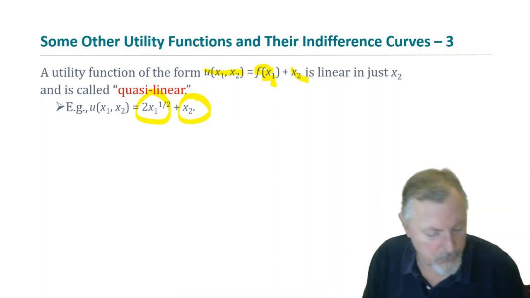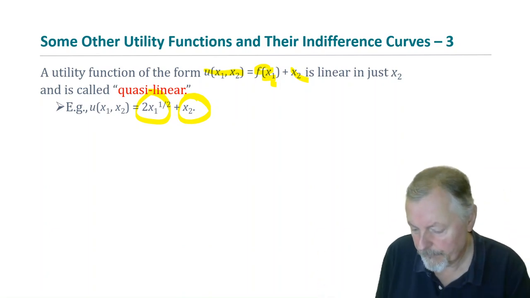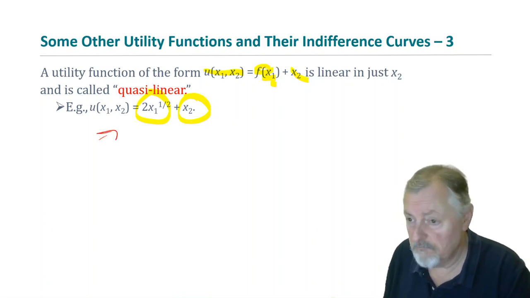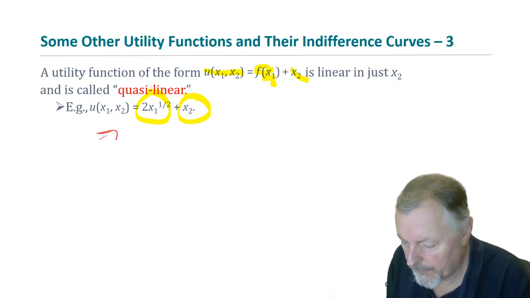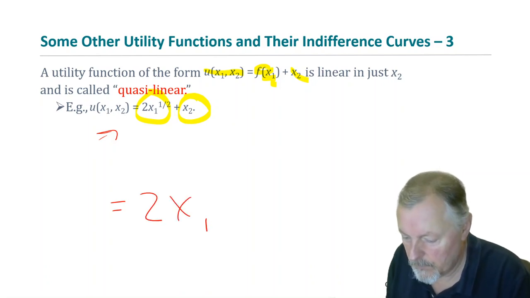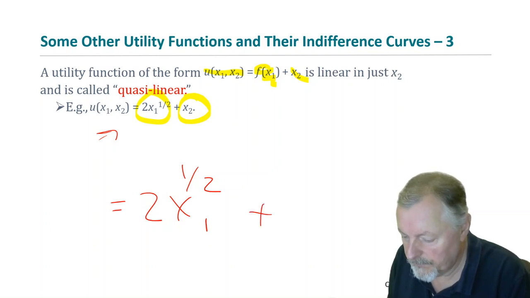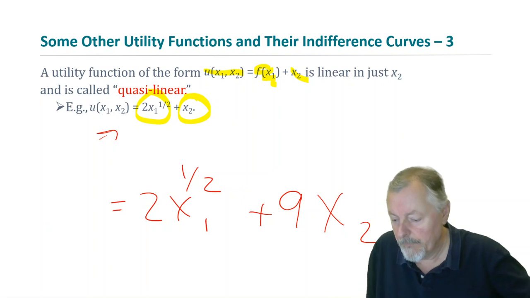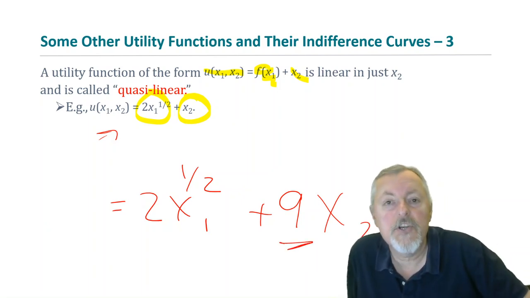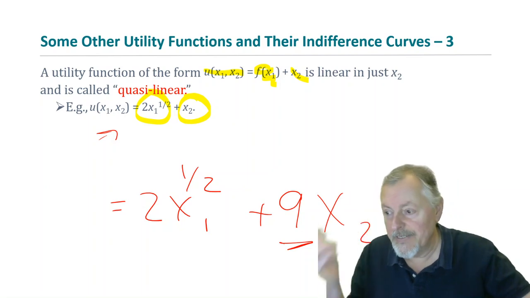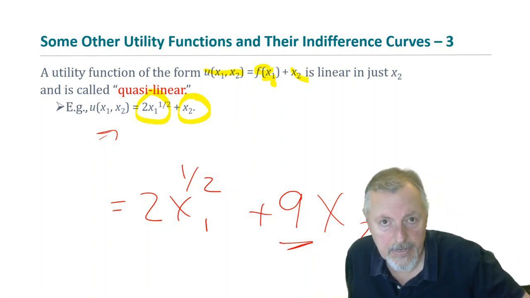Now, for x2 here, this can also be, for example, something with a coefficient, that does not change that this utility function is linear in x2.